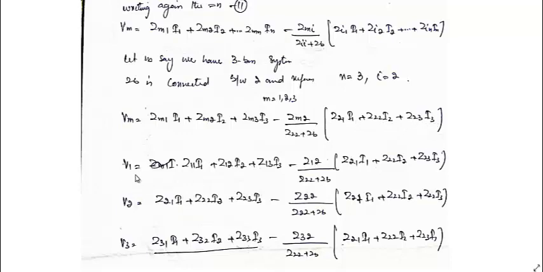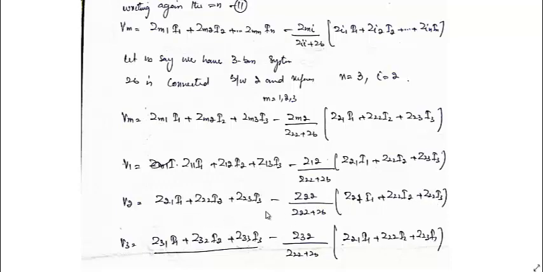So when m is equal to 1, V1 is Z11 I1 and so on; m is 1 over here, and the rest will be the same because it depends upon i. Similarly for V2, placing m equal to 2, the equation will be like this. Similarly, for V3, the equation will be like this.